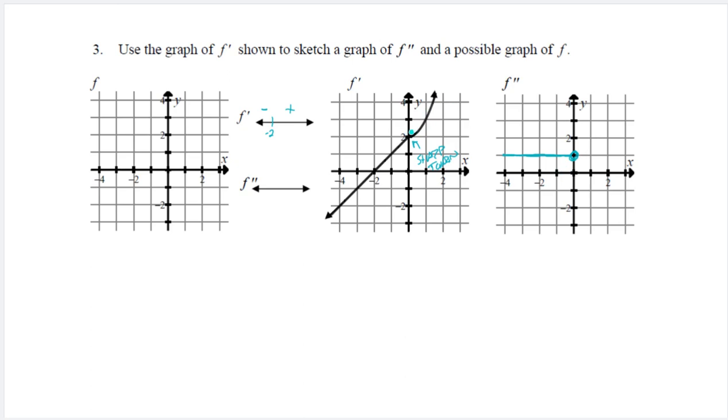Now, if we looked at this line, we could consider this area right here as the function y equals x squared plus 2. It's got a vertical shift going up.